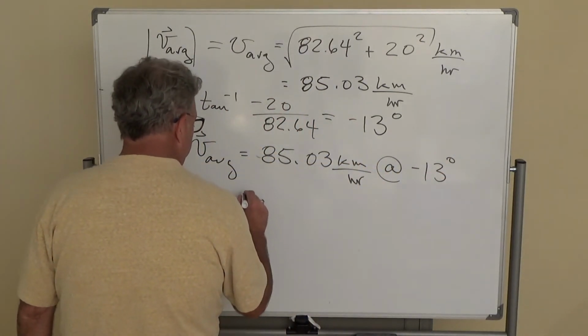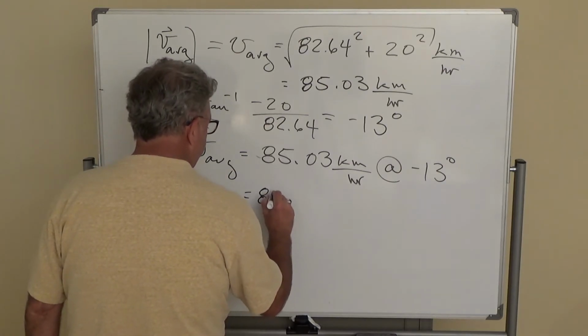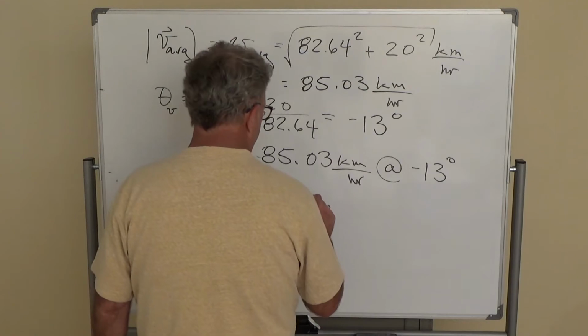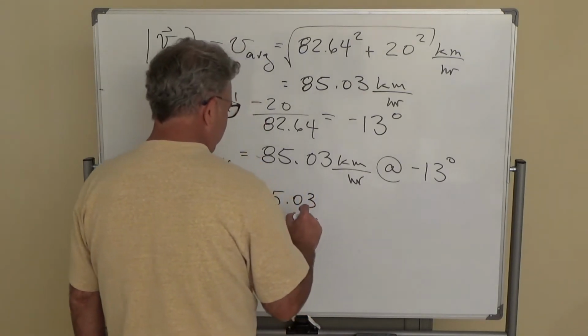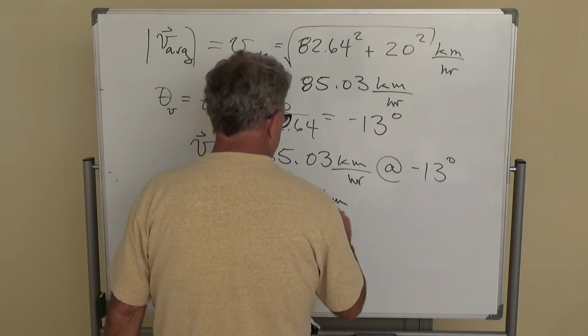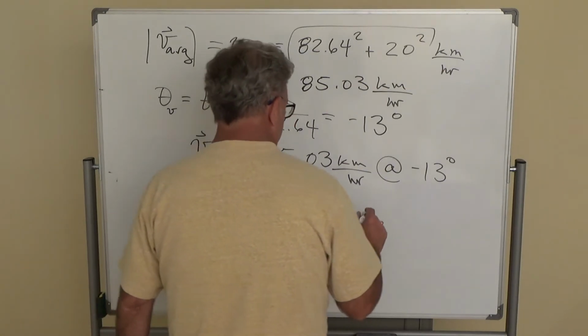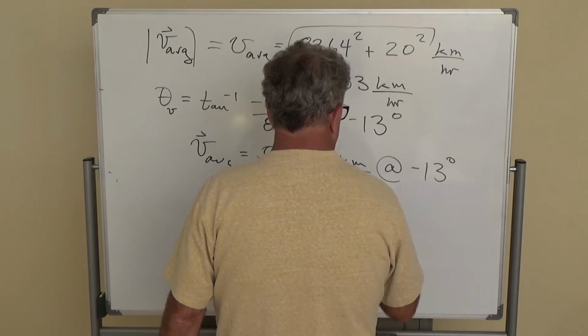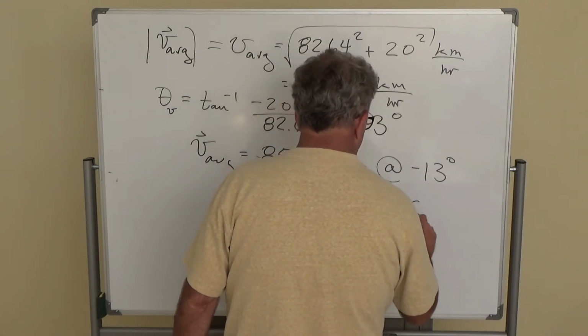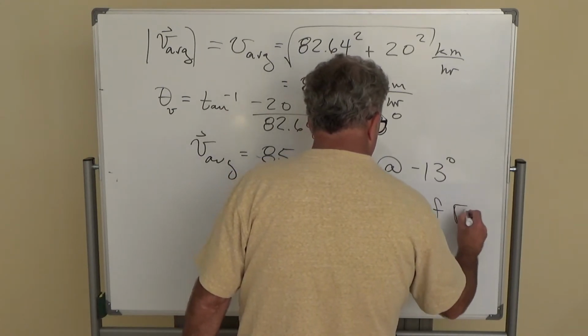Or you could write 85.03 kilometers per hour, 13 degrees south of east.